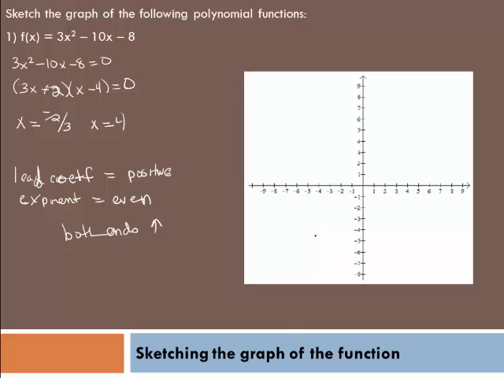So when we graph this, we're going to put a dot on 4. We're going to put a dot at negative 2/3, which is roughly here. And we know that both ends are positive, so it's going to do something like this. Now, this may not be exact, this is just the basic idea. I don't know how far this dips, but I know that it's going to go between these 2 points and it's going to dip down.